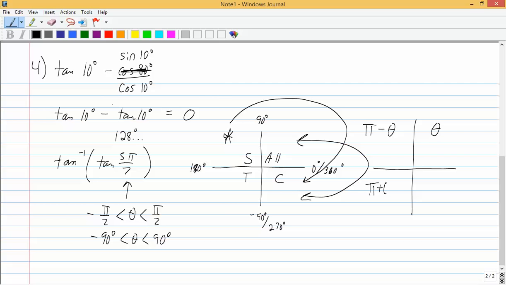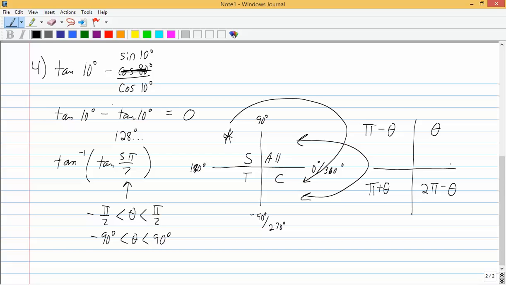This is pi plus theta. This is 2 pi minus theta. Now, to put it down here in the fourth quadrant, I told you with inverse sine and inverse tangent, what you can do is if you figure out the one from the first quadrant, then just put a negative in front of it, and that'll move it to the fourth quadrant. And that works for inverse sine and inverse tangent.